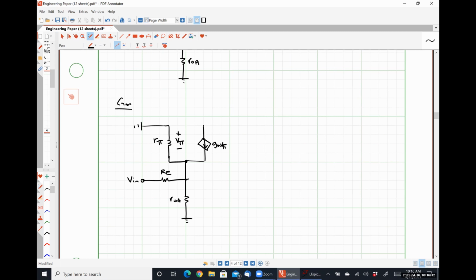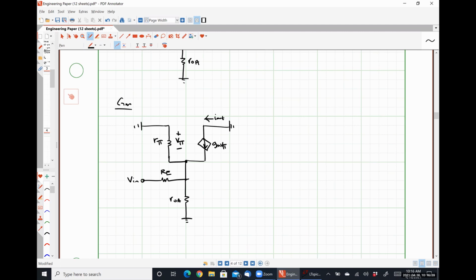Here is GM V pi, and this guy is grounded, right? And I'm trying to find I out. Well, it seems pretty obvious that I out is just GM times V pi, right?